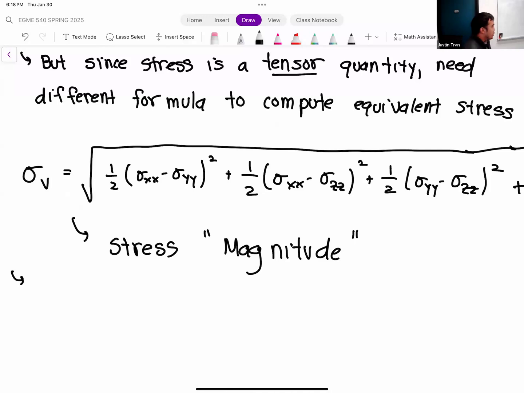One question that is usually asked whenever you're running a finite element analysis is whether or not your material, or your part, is going to fail.